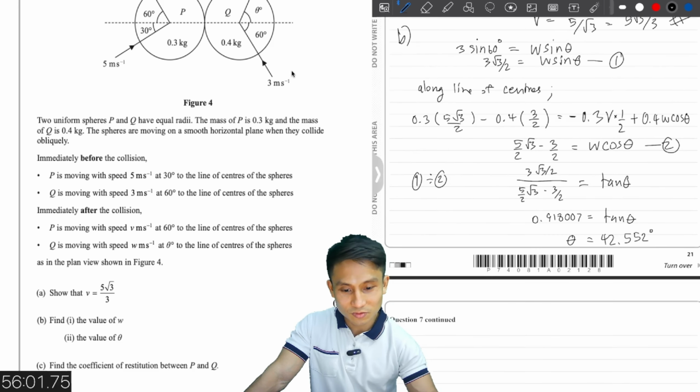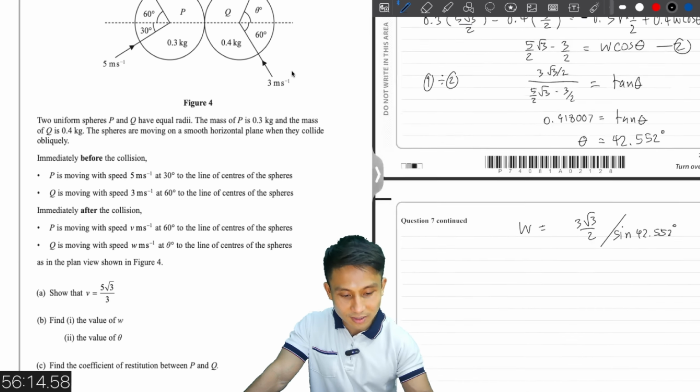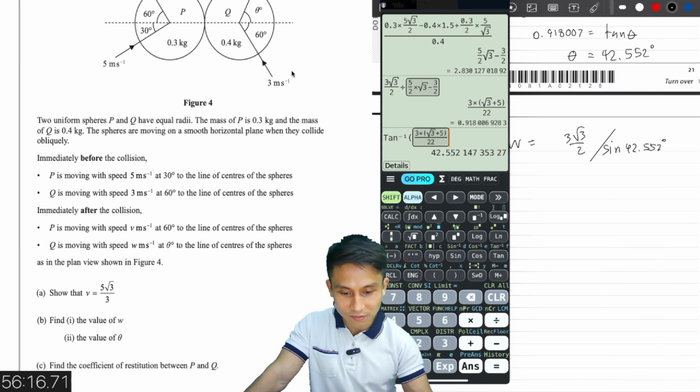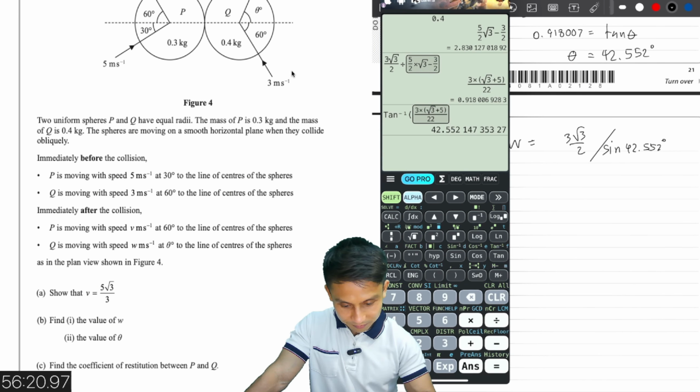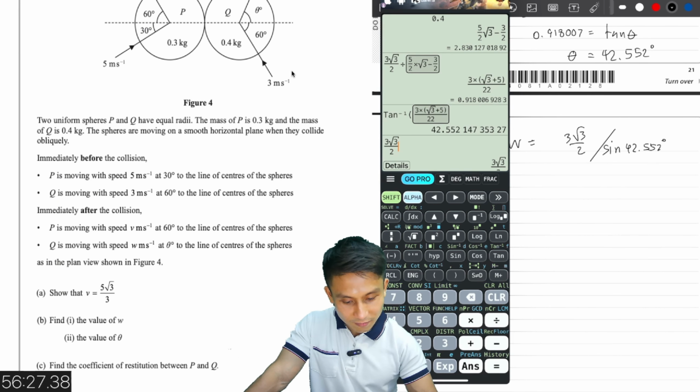And then W, let's just use one of the equations there. So W is 3 root 3 over 2 divided by sine of 42.552 degrees. Just plug into one of the equations. So I do equals here and clear again: 3 root 3 over 2 divided by sine answer.